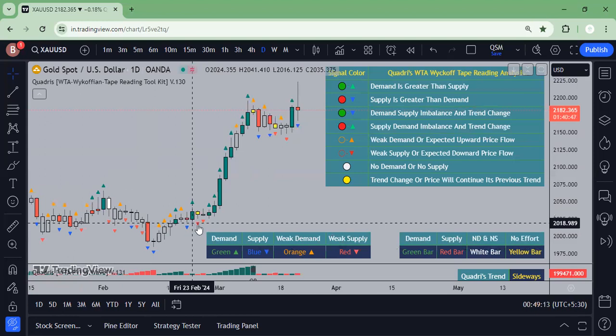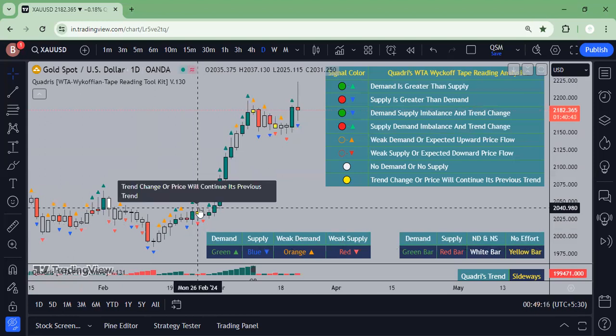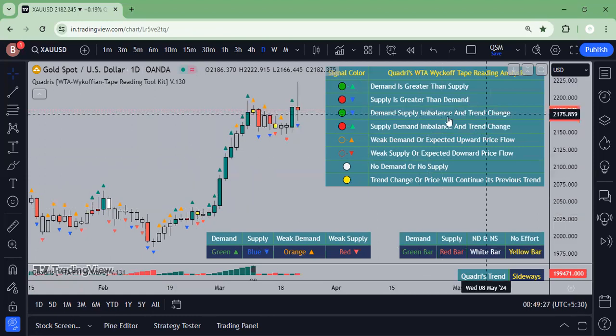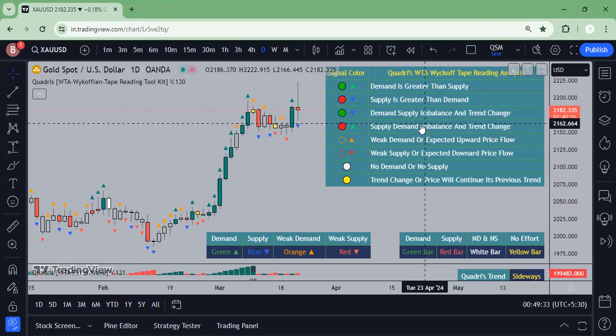If I hover my mouse over the high of the yellow candle, you can see trend change or price will continue its previous trend.